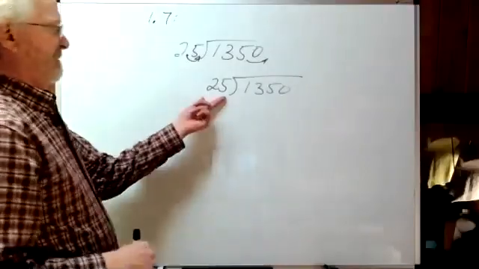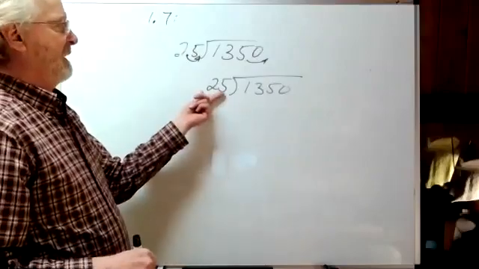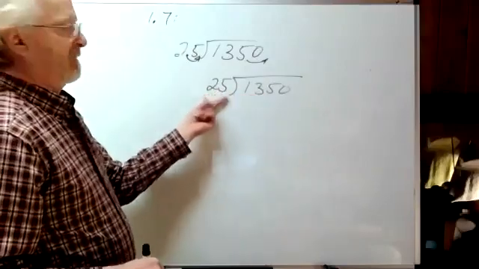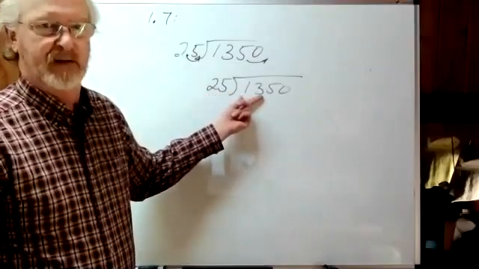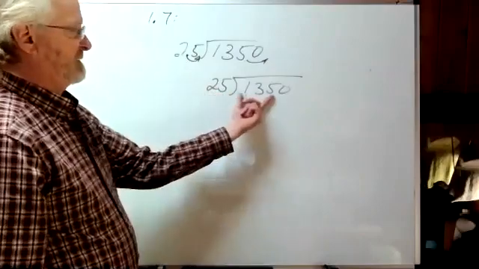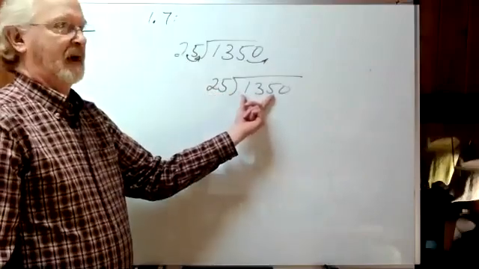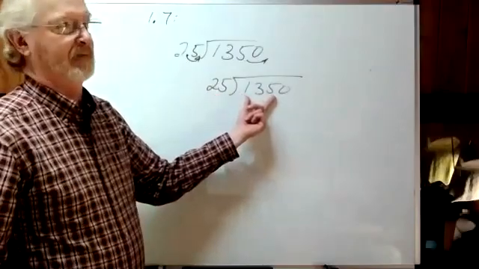I have 2 digits. You start by comparing it to the first 2 digits. Here, how many 25s can I get into 13? None, right? Not a big enough number. So then I compare these 2 digits to the first 3. How many 25s fit inside of 135?